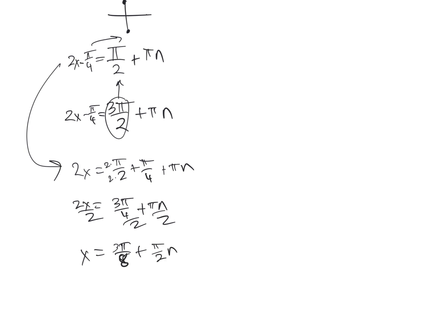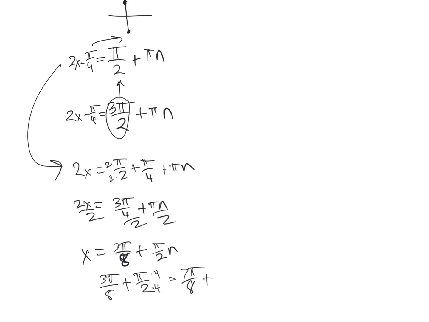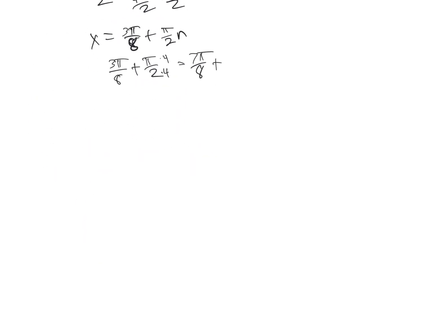So now we have to add the pi over 2 to each one until we get up to 2 pi. All right, so pi over 2 is the same thing as 4 pi over 8. So this is 7 pi over 8. So we add another 4 pi over 8 to it, and we get 11 pi over 8. Another 4 pi over 8 gets us 15 pi over 8.